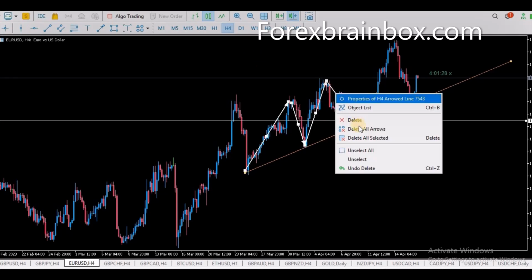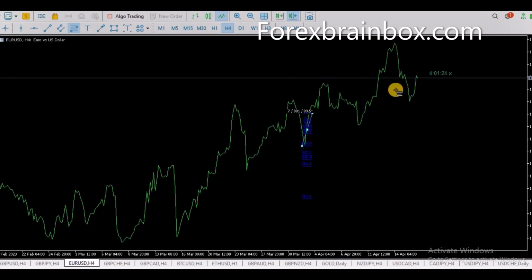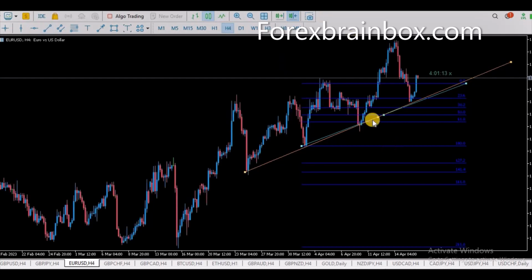Let's see how it goes with our Fibonacci. Let's see what comes out of it. Yep, so you can see how the trend line tallies with our Fibonacci and also our support level.